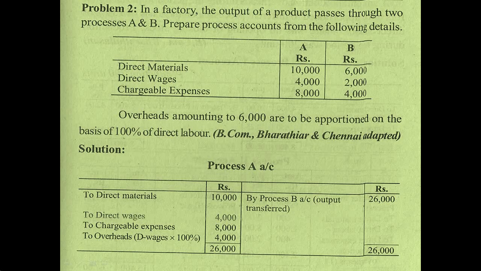Then we move to problem number 2. In a factory, the output of a product is processed through two processes, A and B. Prepare process accounts from the following details.